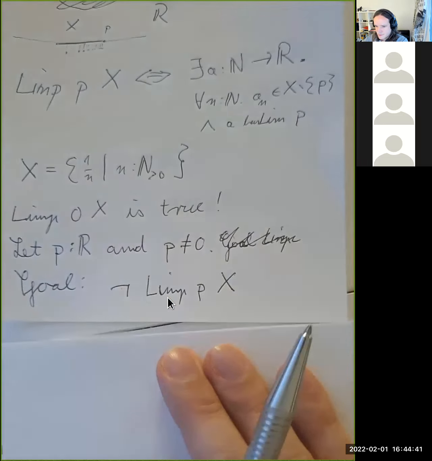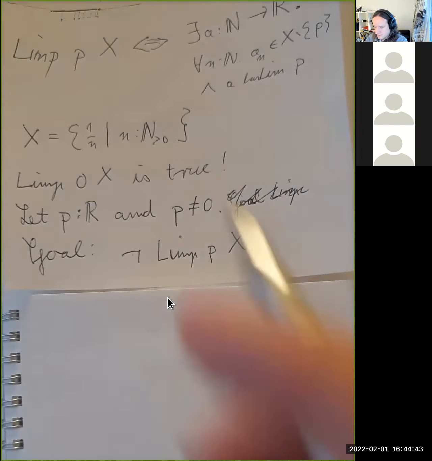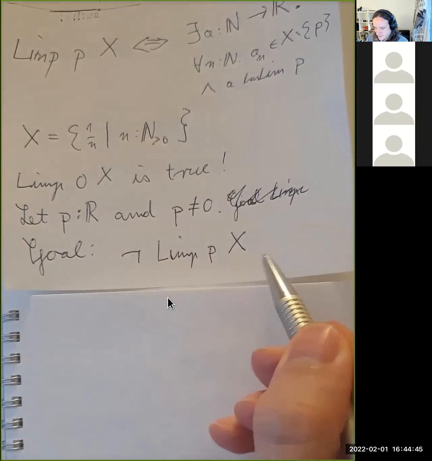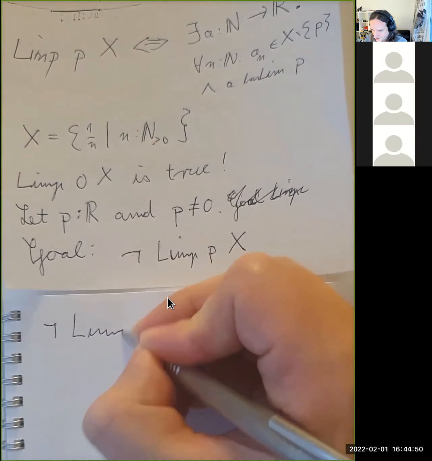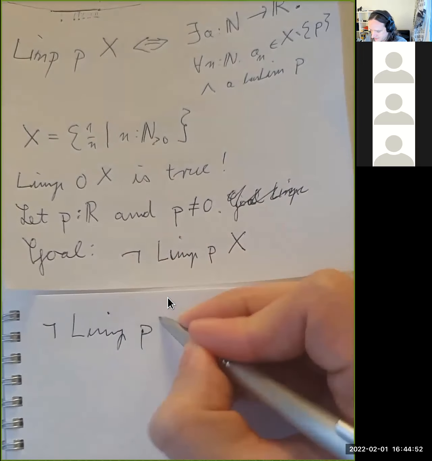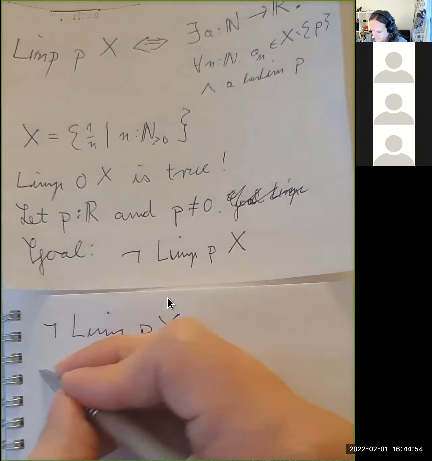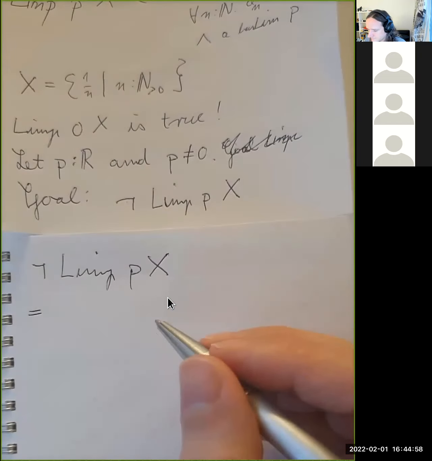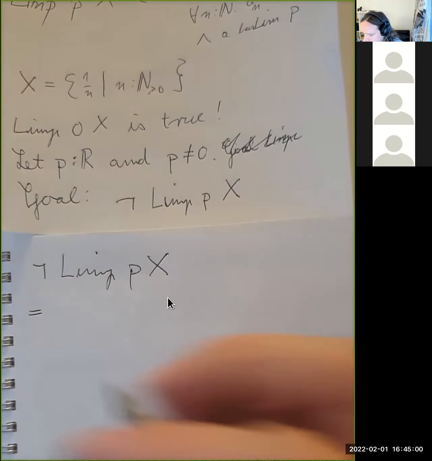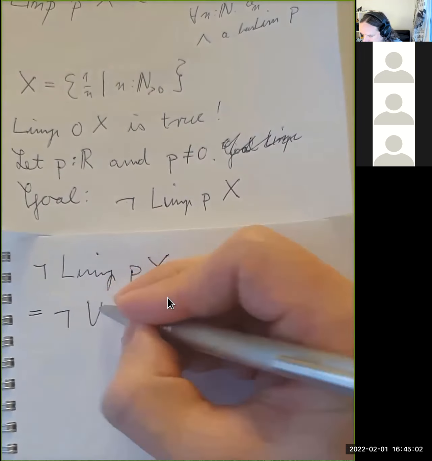So let's take this one. I'll just repeat it. Limit points of X. That's equal to, now I'm just writing down the definition.